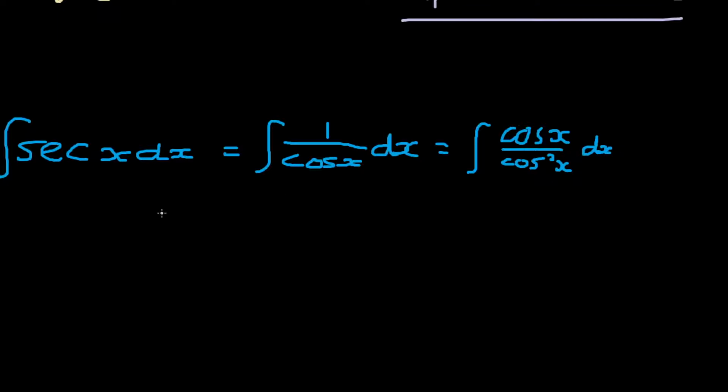Now, of course, sine squared plus cosine squared is equal to 1. So cosine squared is nothing other than 1 minus sine squared. So we get the integral of cos x over 1 minus sine squared x, dx. And then we can perform a simple substitution.